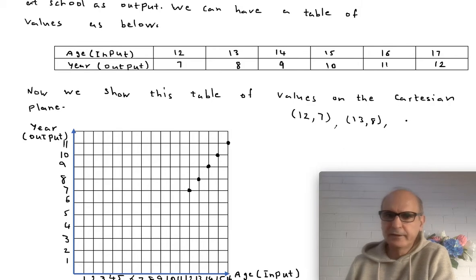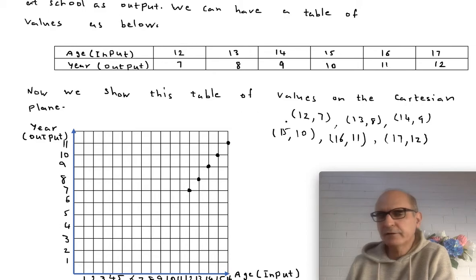And this, you can write as (14, 9), and so on: (15, 10), (16, 11), and (17, 12).